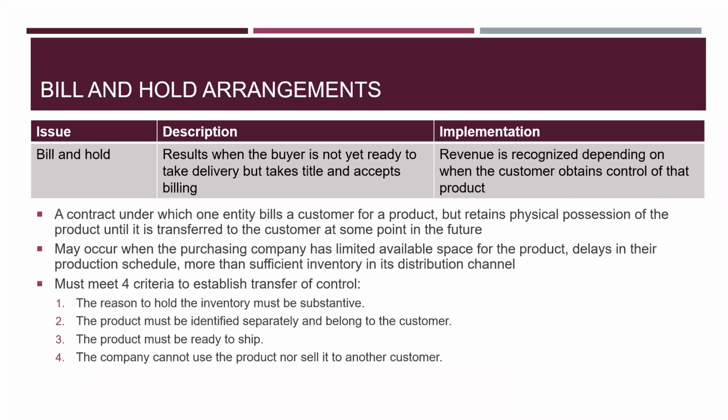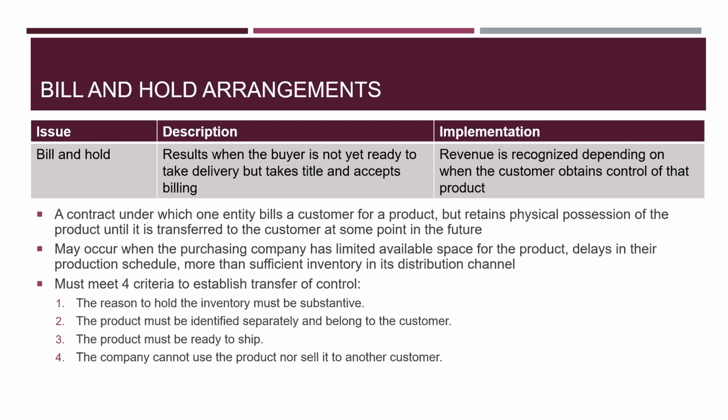We were setting up a whole manufacturing facility, so it did not make sense for us to take possession of the asset until our groundwork for setting up that machinery was done. Okay, so in that case, we as buyers requested the sellers to hold the asset for us. That is what a bill and hold agreement is.